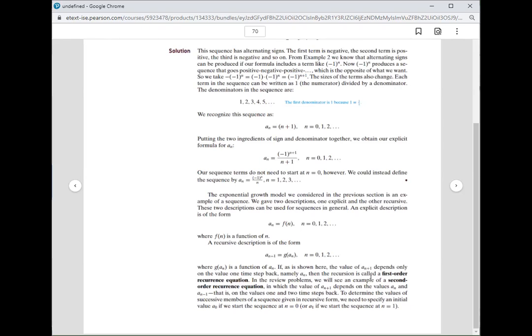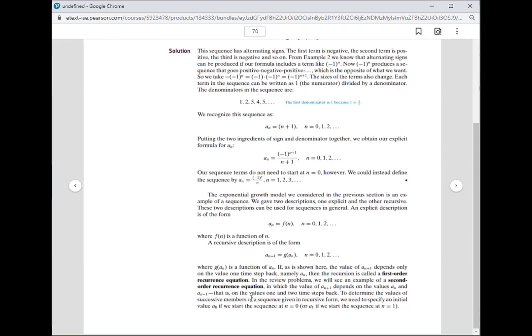Then the recursion is called a first order recurrent equation. In the review problem, we will see an example of a second order recurrent equation. In this, the value a_(n+1) depends on the values of a_n and a_(n-1). So this is called a second order recurrent equation.